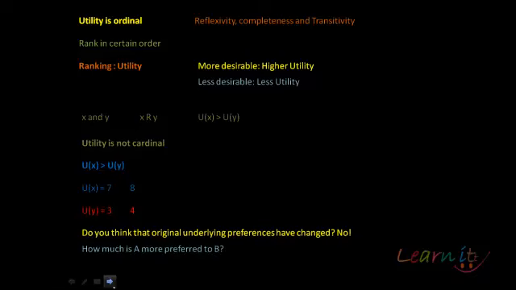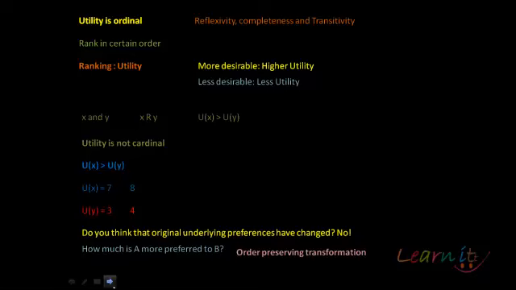What you have to understand is that the notion of utility is defined only up to an order preserving transformation. It just means that if a number gives a higher utility to a higher preference and a lower number to a lower preference, it doesn't matter what the numbers are.